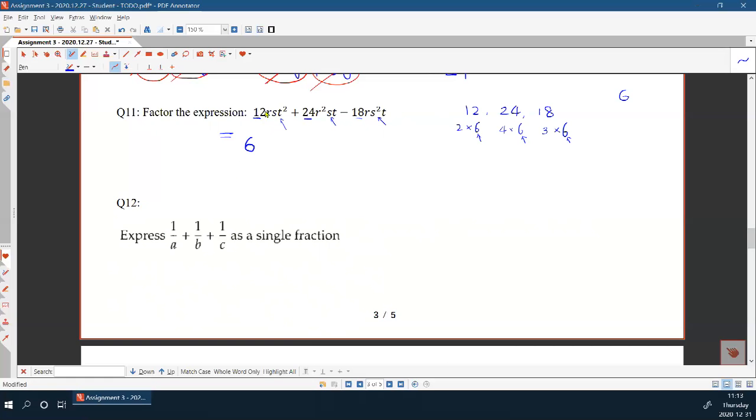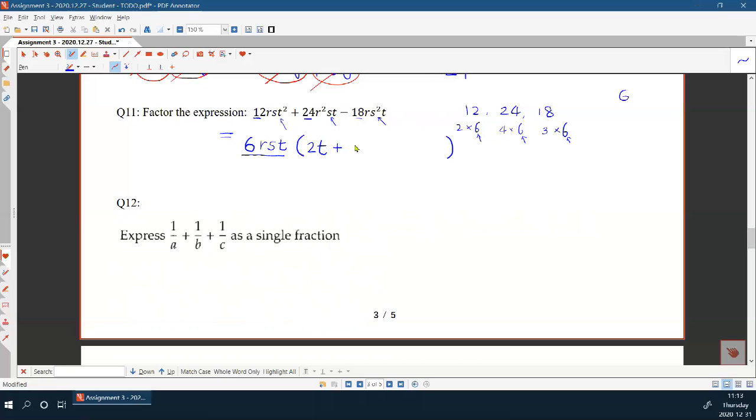And for the others, r s t squared, r squared s t, r s squared t. Okay, the common part is r s t, right? So this is a common factor of all the terms. And what's left in the brackets? By distributive laws, the first term would be 2t, right?